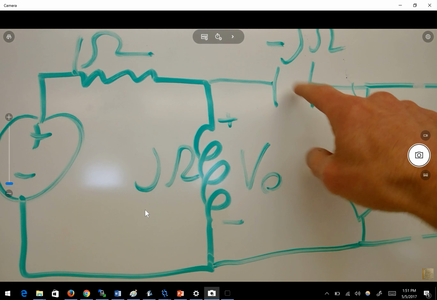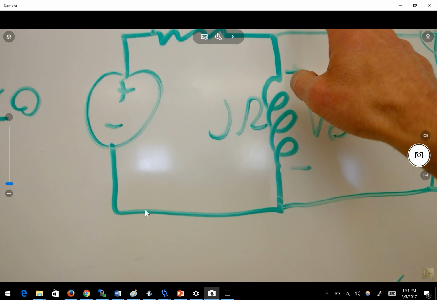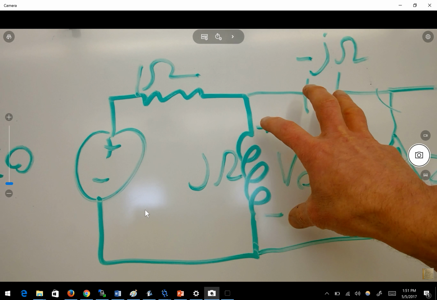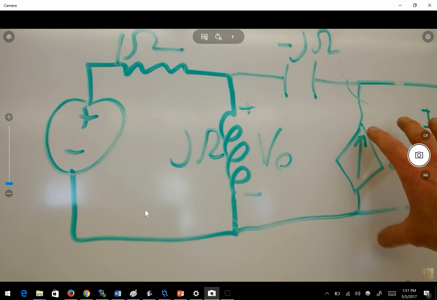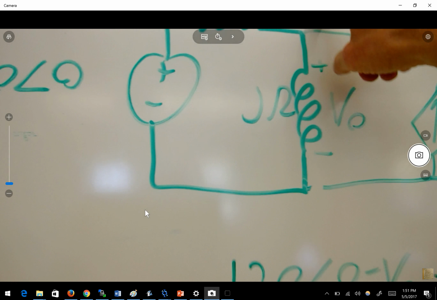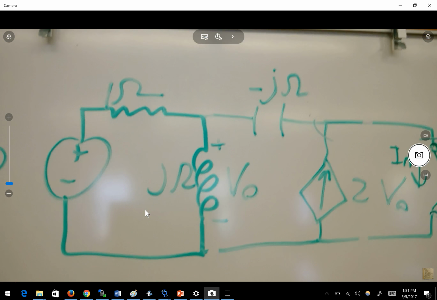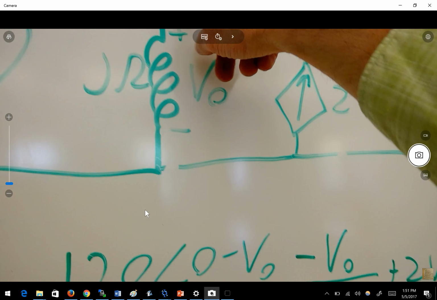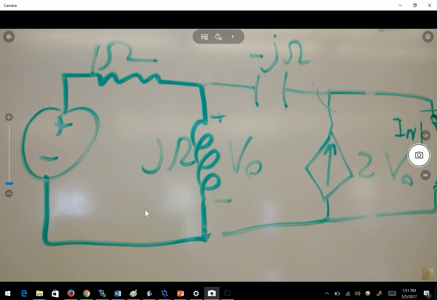So you get minus J times J over minus J plus J. You end up getting 1 over 0 for this equivalent impedance. So that's like an open circuit. So his voltage here is the same as the voltage here, so you got 120. And no current flowing through the 1 ohm resistor, which is pretty odd. So apparently current is just sort of circulating around this thing.